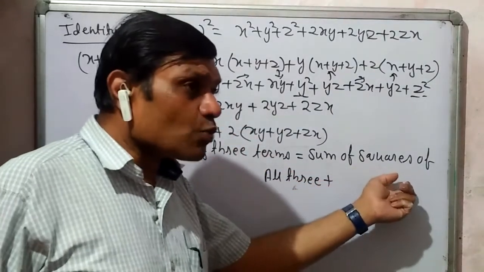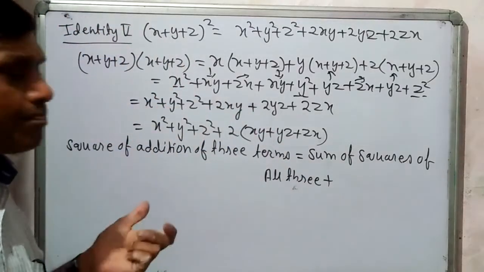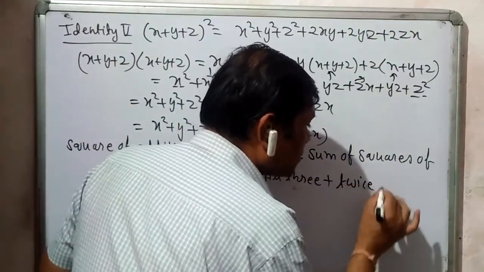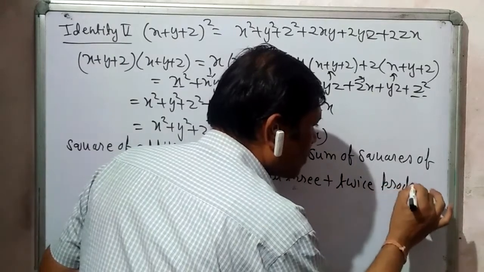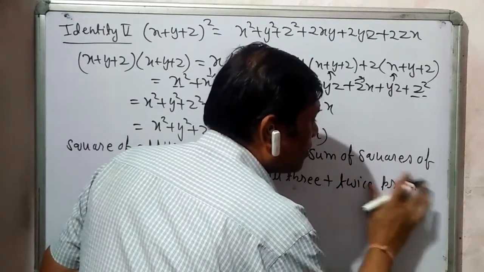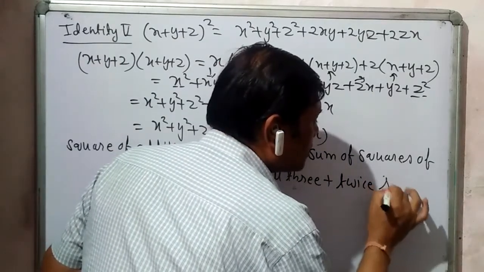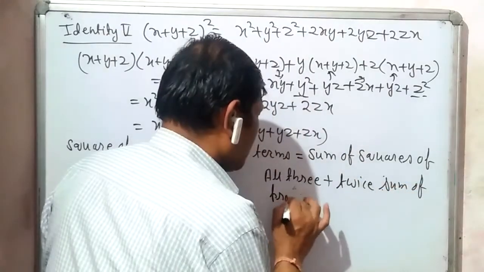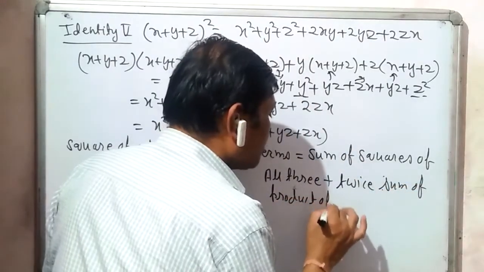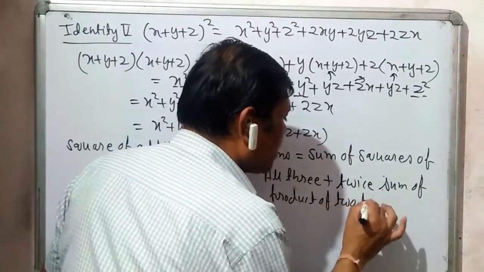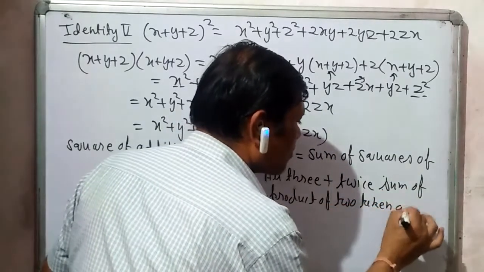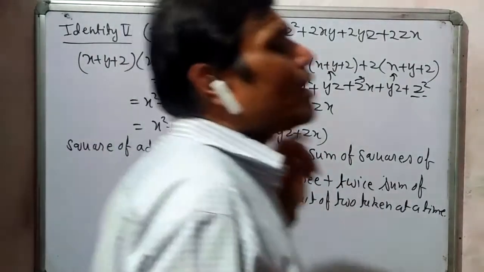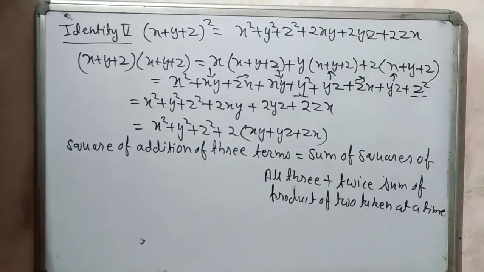Here now we are doing a square first, then doing the sum, plus twice the sum of the product of two taken at a time. So this way you are able to memorize it.